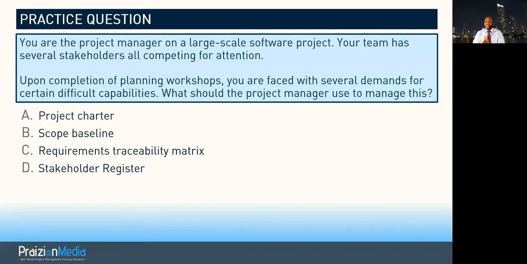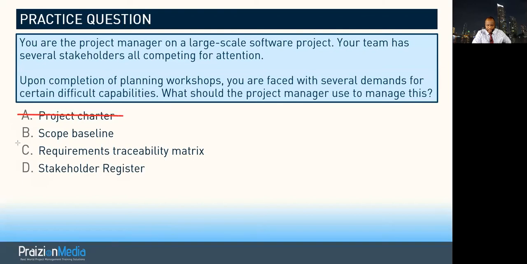So the question is asking, upon completion of planning workshops, you are faced with several demands for certain difficult requirements, because capabilities are requirements. So when you take a look at this, what would you use to manage these capabilities, which are requirements? Right off the bat, we'll cancel the project charter.